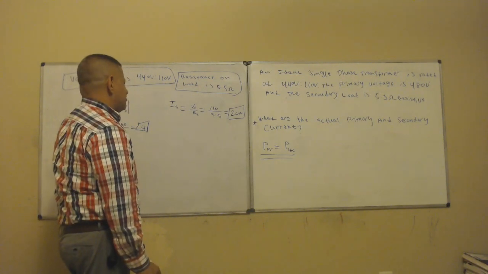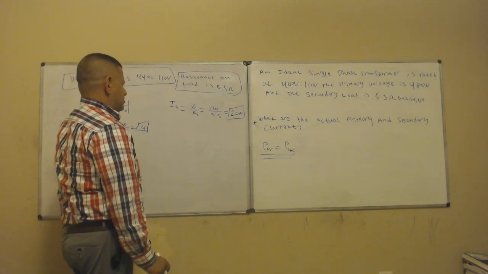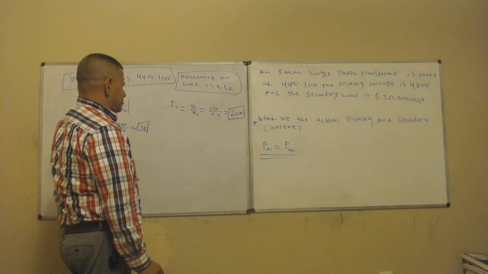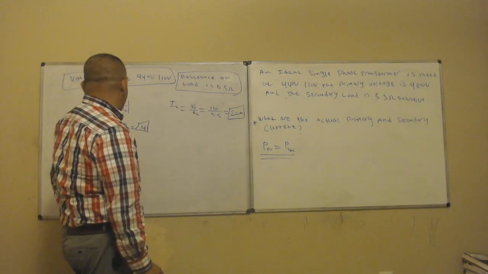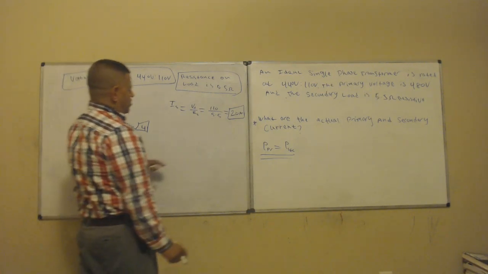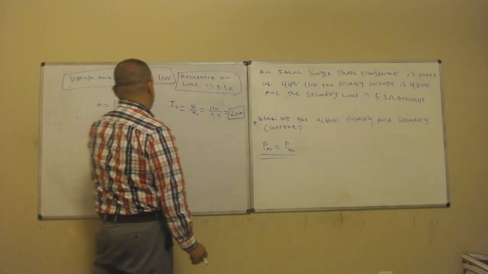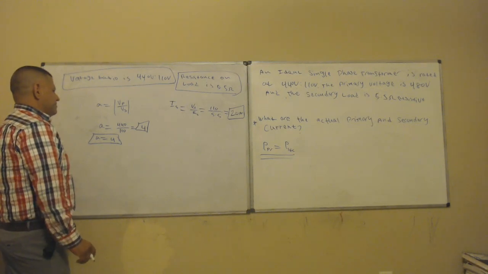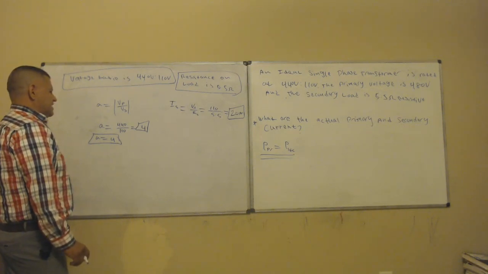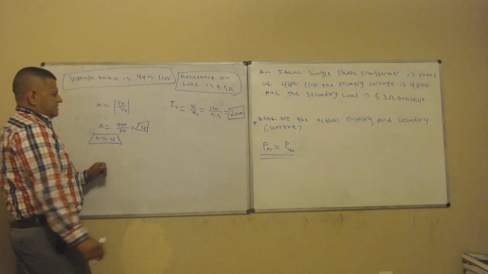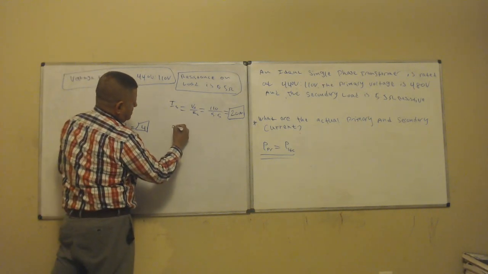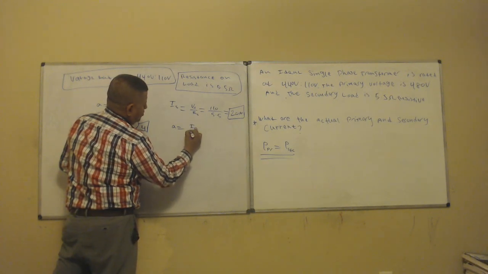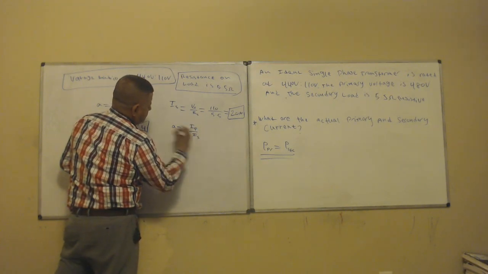Now, what else can we do? We know the ratio. Can we also say that A is equal to IP over IS, primary over the secondary?